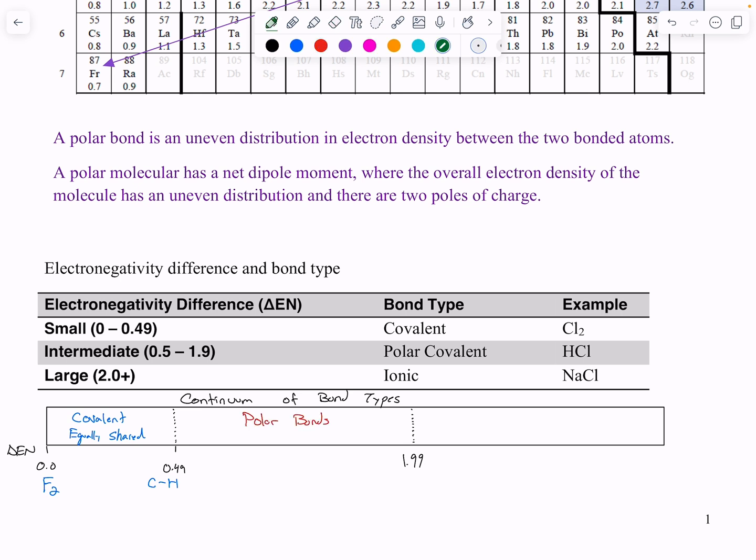And then over 2 is ionic bonds. Right, like NaCl is over here, cesium fluoride's over there. I have HF is here, OH is in here, all right, NH is over here, right? So there's different levels of polarity, okay? So how do I tell?